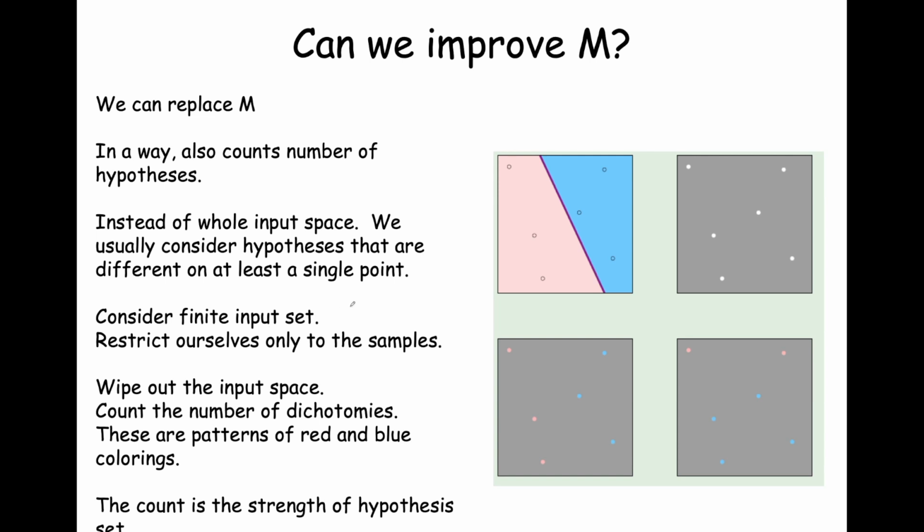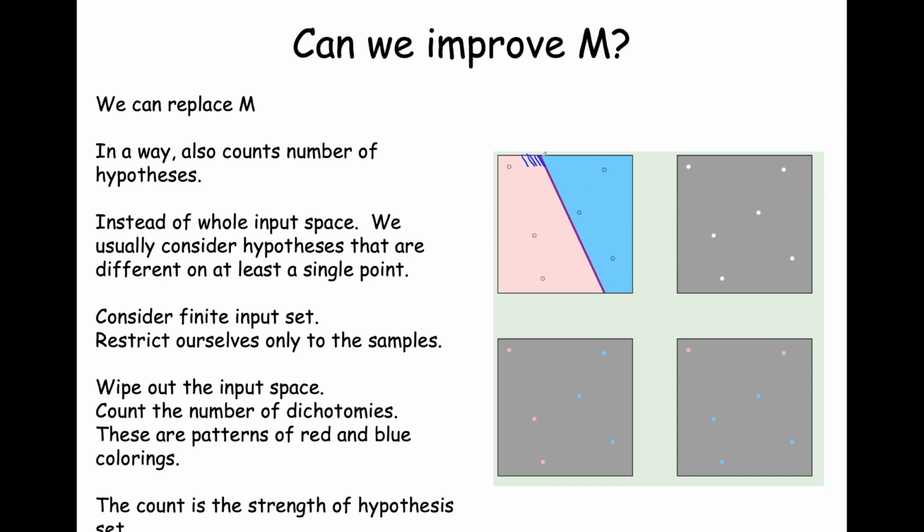So in considering a finite input set, because our set of in-sample points is finite, we restrict ourselves and we effectively collapse the space of infinitely many hypotheses down into an equivalence class. And that equivalence class is defined by the labeling of that hypothesis on those in-sample points.